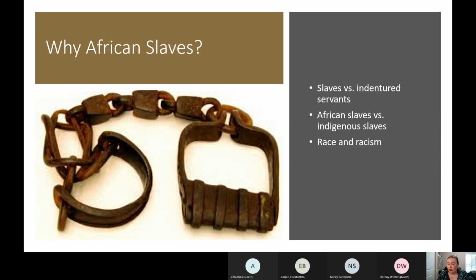They would be provided food and shelter. And then at the end of their contract, they get freedom dues, right? So their employer or the master who held their contract would have to give them something. So basically, they didn't get their pay until the end. And the idea was that freedom dues could be things like a chunk of land or tools or money.